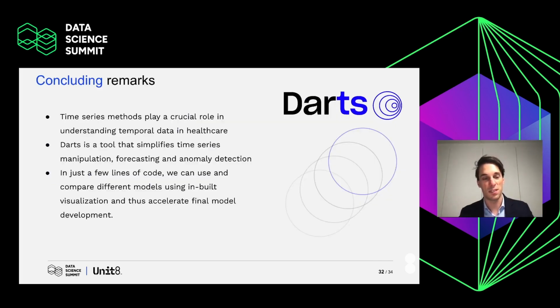To conclude, at the beginning of the presentation I illustrated how time series methods play a crucial role in understanding temporal data and how actionable insights can potentially improve it. I hope I also could convince you that for your next time series project you are going to use DARTS, which provides an extremely user-friendly interface for time series manipulation, forecasting, and anomaly detection.